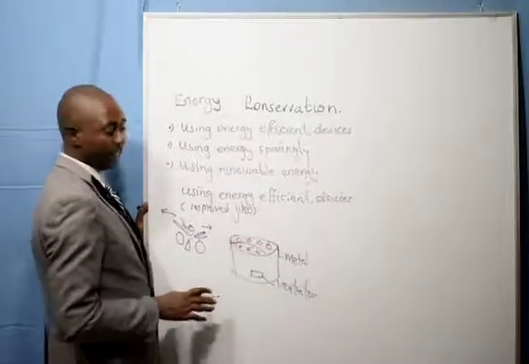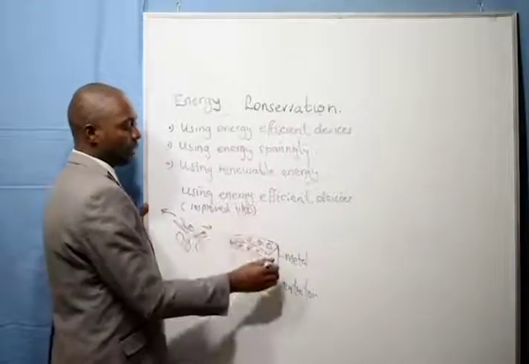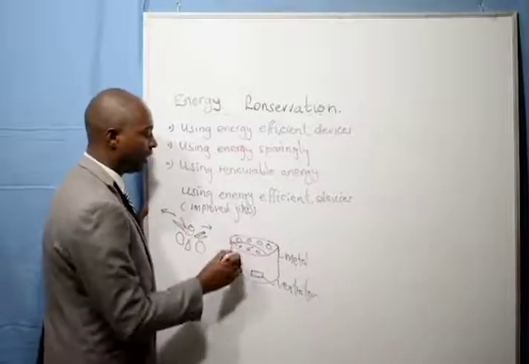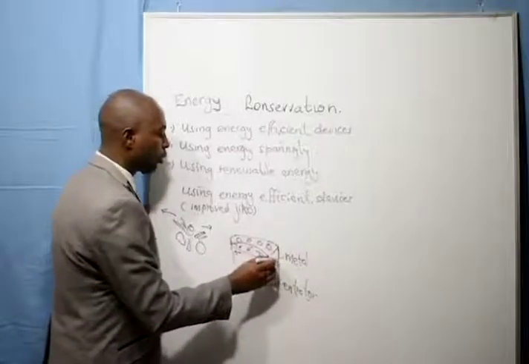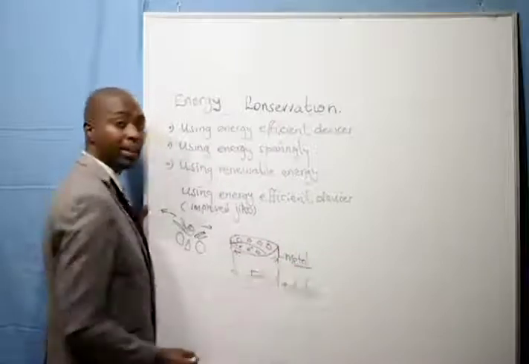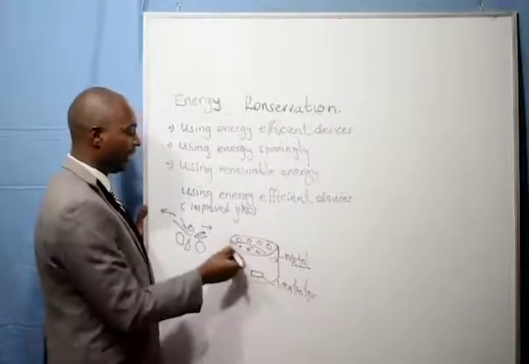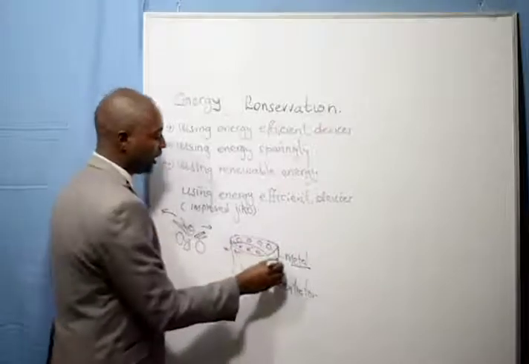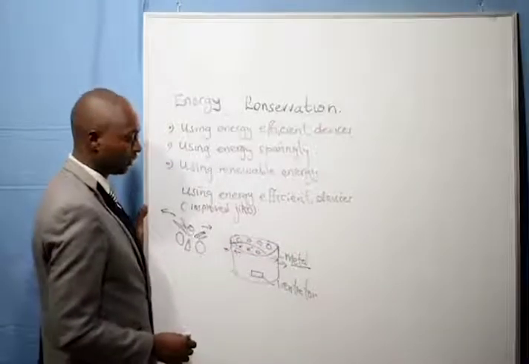During the cooking process, this metal gets very hot, you can't hold it. That means that a lot of energy is being lost through the sides because it is made of metal, and metals are conductors. They can gain heat or lose heat easily to the surrounding. So they are losing heat in form of radiation.